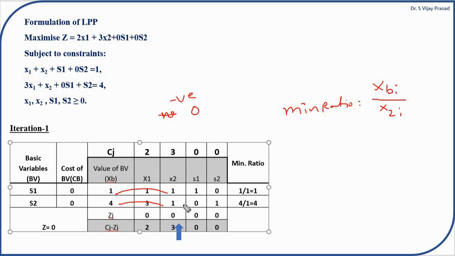If all are negative quantities, then that problem is called an unbounded problem.